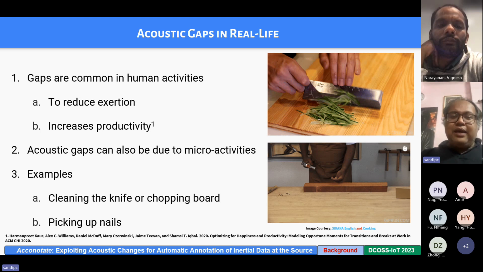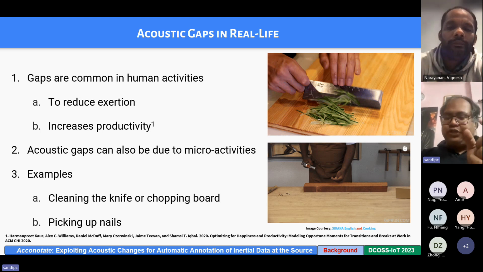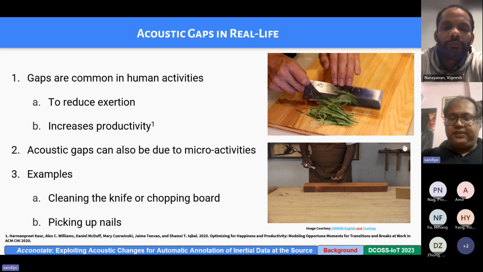They can also be there due to micro activities. For example, the person is chopping the vegetable, and in between, he or she is cleaning the knife. As you can see in this animation snippet, whenever there is cleaning of the knife, you get that acoustic gap, the silent zone for that particular person.